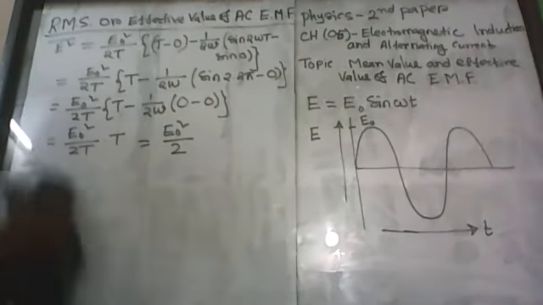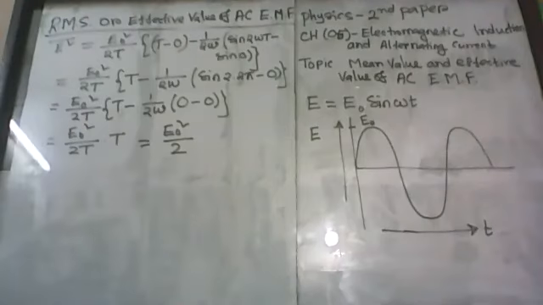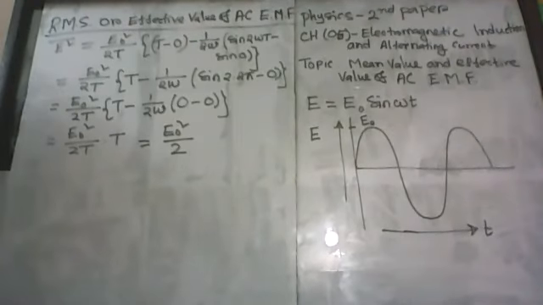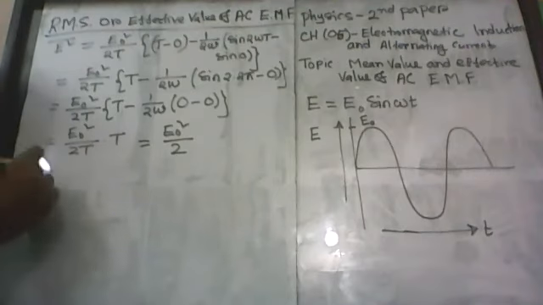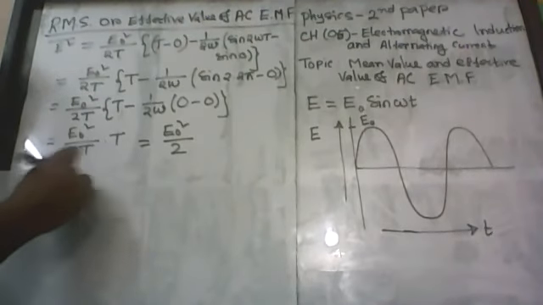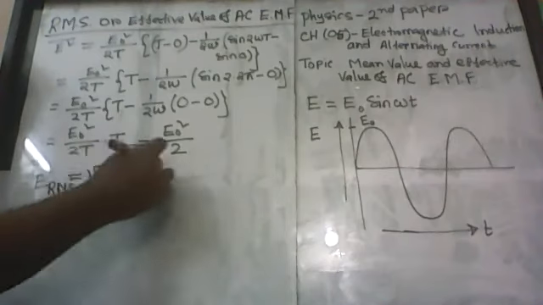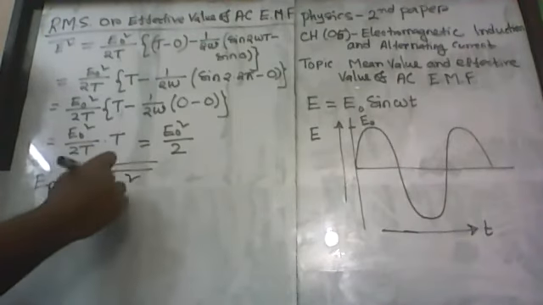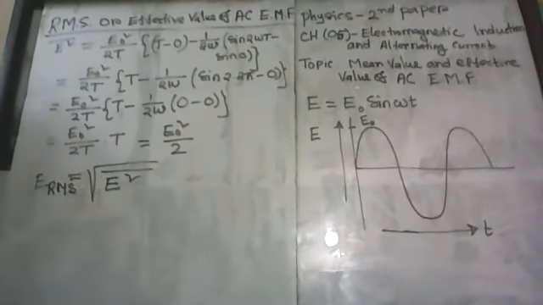But boys and girls, I'm going to find out the root mean square value of AC electromotive force. So E RMS will equal the root mean square value of AC electromotive force.